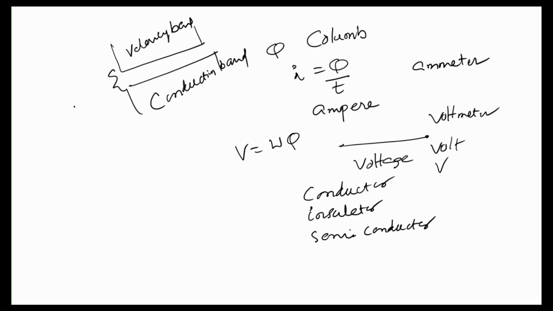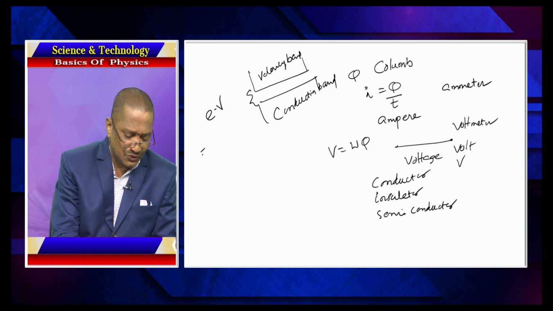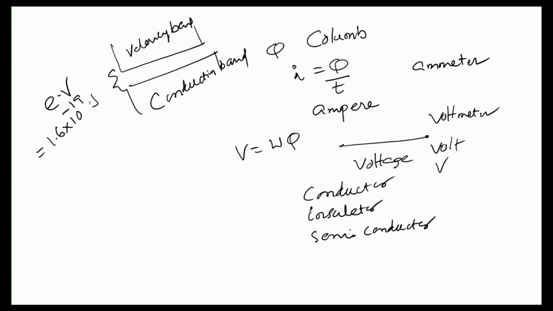The smallest unit of energy is called the electron volt. This is a very important thing here. 1 electron volt is 1.6 into 10 power minus 19 joules.